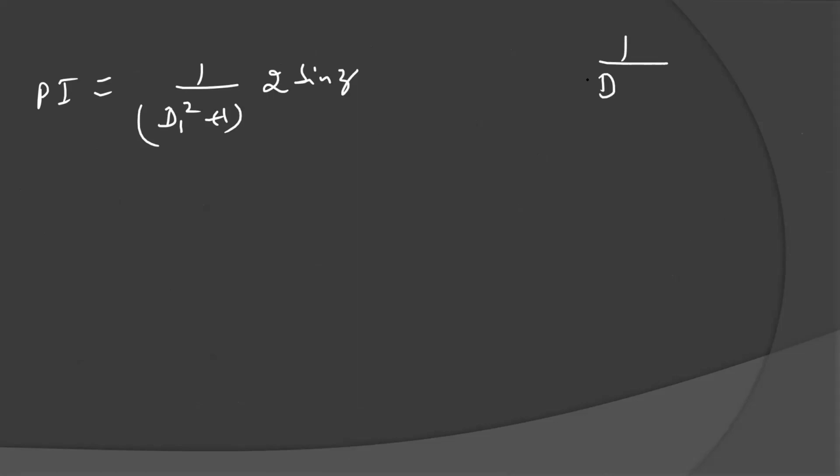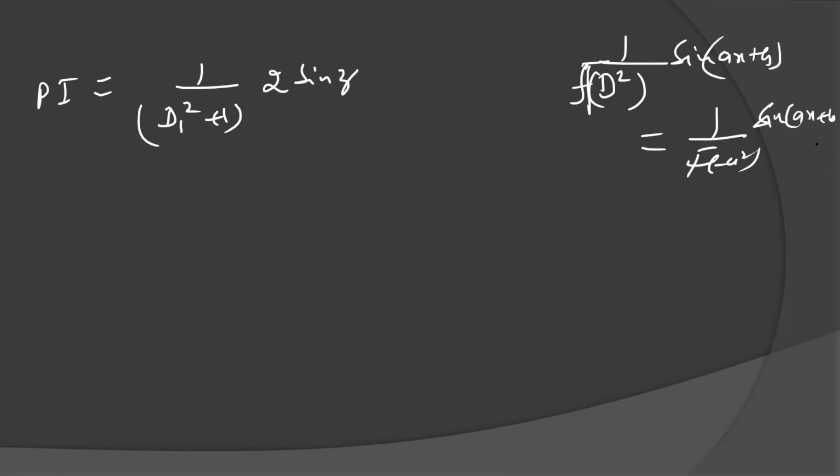Now for the particular integral: PI is 1 over (D1 square plus 1) of 2 sin z. And the rule was, if you have 1 over f(D square) into sin(ax plus b), you just replace D square equal to minus a square, provided the denominator is non-zero. But as you replace, the coefficient of z is 1 here, and applying the negative sign, minus 1 square plus 1, the denominator is 0. So you have to go for the second rule: 1 over (D square plus a square) sin(ax plus b).